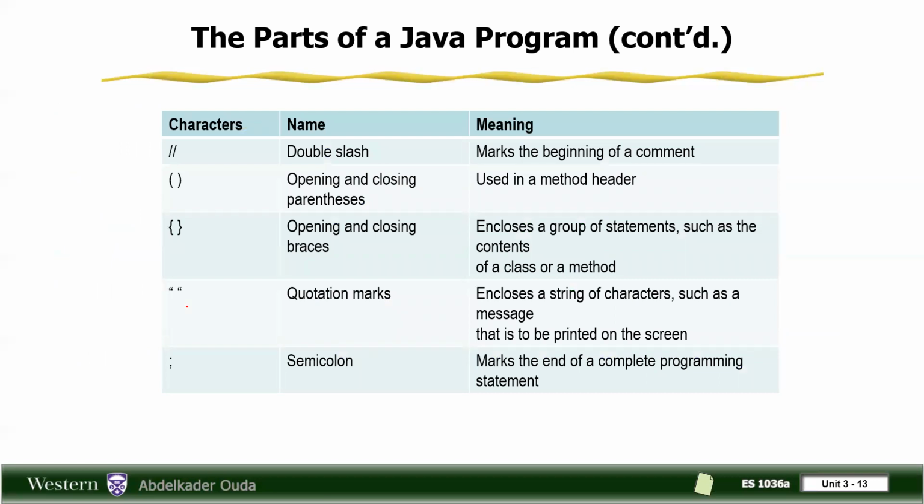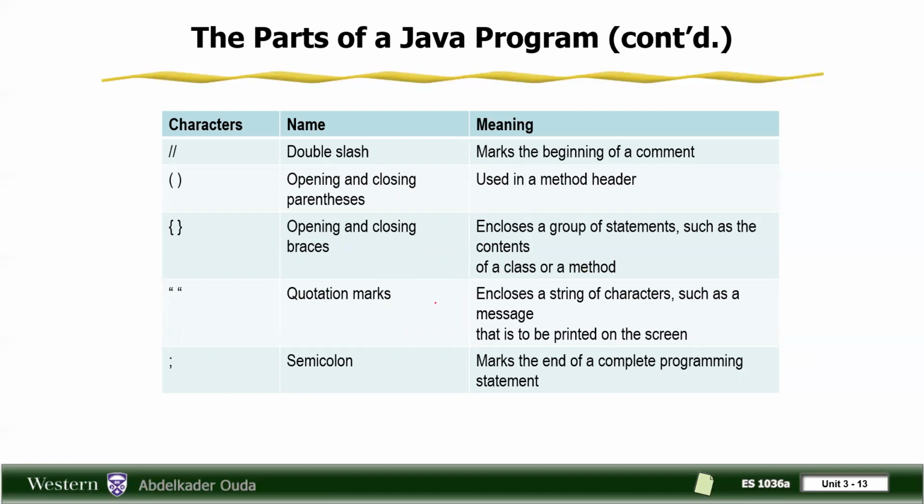So here, a double slash marks the beginning of a comment. Parentheses, opening and closing, are used in a method header. Opening and closing braces enclose a group of statements such as the contents of a class or a method.